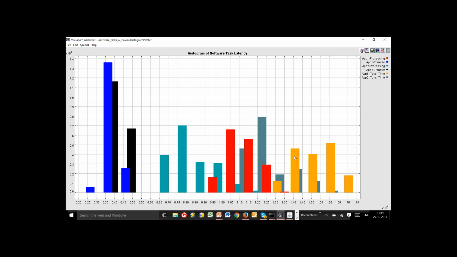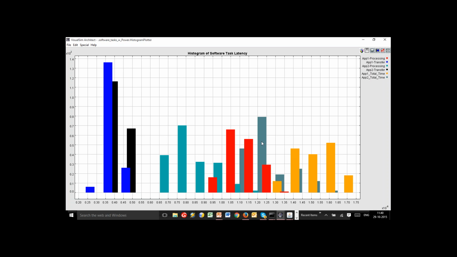These are the 2 most important things when you're looking at certification for the timing or meeting the deadlines. These yellow lines correspond to a combination of these red lines, which are the processing, and these deep blue lines over here, which are the communication, which is all the transfer of data across either a network or across serial switches or buses or any other structures. Now, that is for application 1.